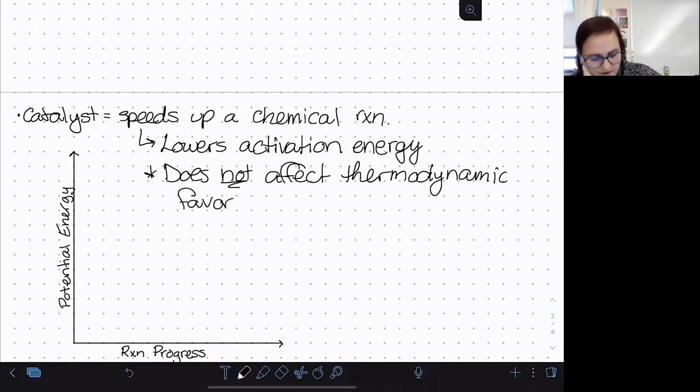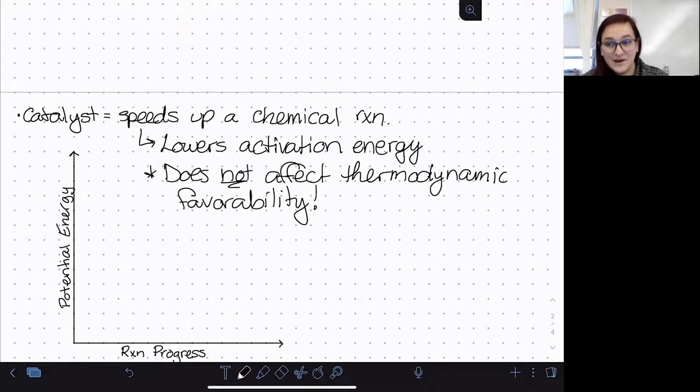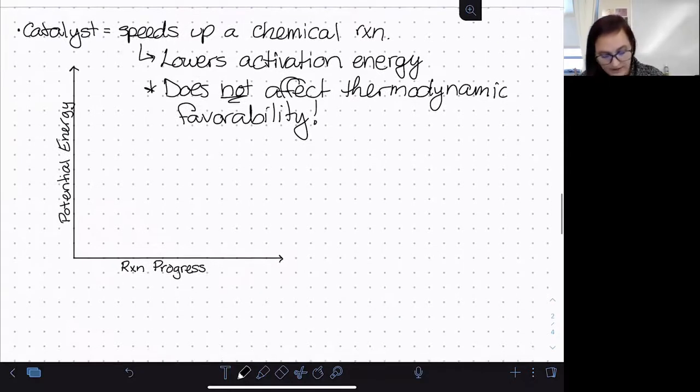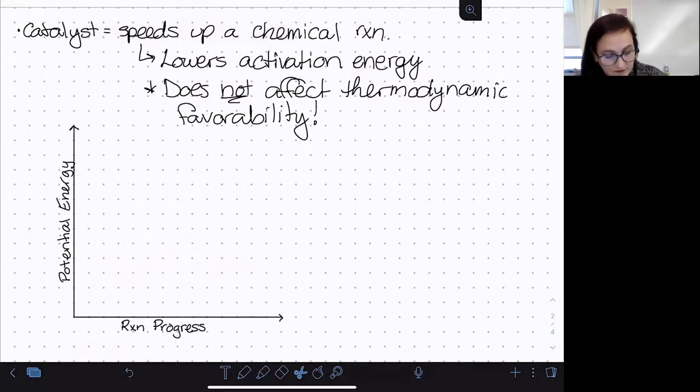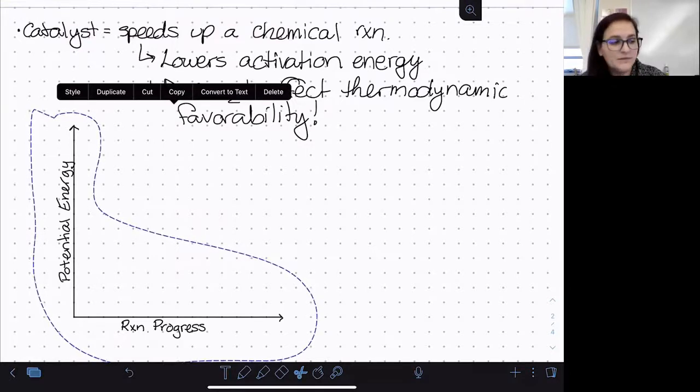If a reaction is not thermodynamically favorable, adding a catalyst is not going to help. If you have a reaction that is thermodynamically favorable but very slow, adding a catalyst will help. That it can speed up the reaction to a point where it's actually a useful speed.